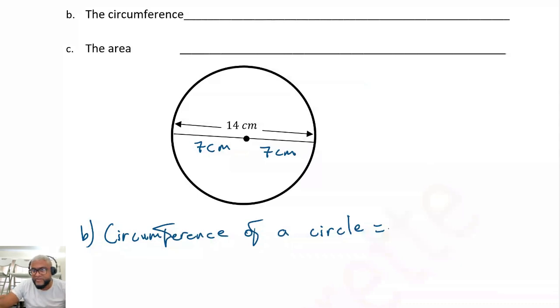What is the formula for circumference of a circle? I just gave you it above. Tell me what the formula is. Did you write down the formula? Yes, sir. Right. Are you seeing circumference of a circle is equal to something? What is it equal to? Is equal to 7 times pi.